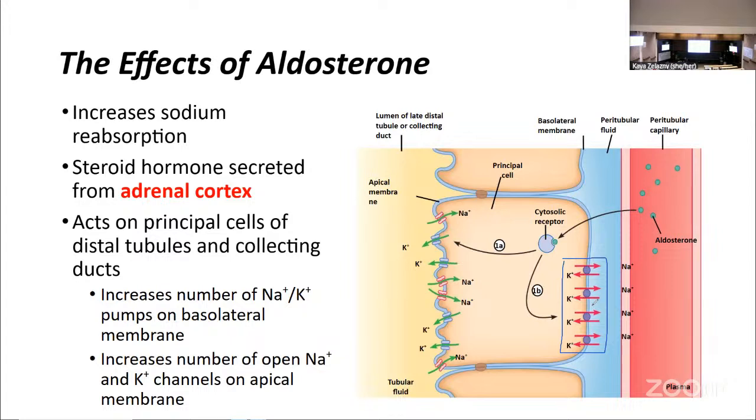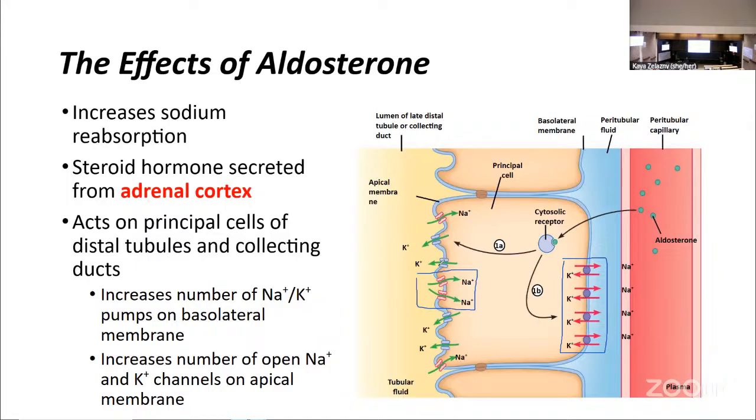Then, to use up this strong gradient that we're creating, it's going to increase the number of open channels that we see on the apical membrane. This is going to have an effect on sodium. It's also going to have an effect on potassium.